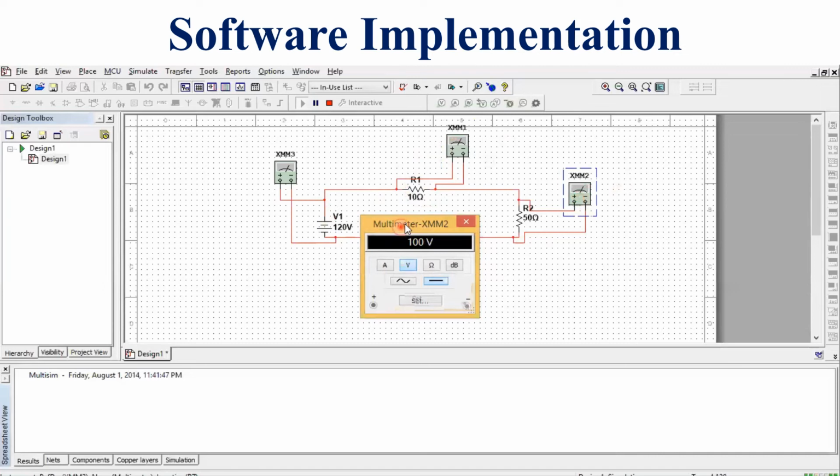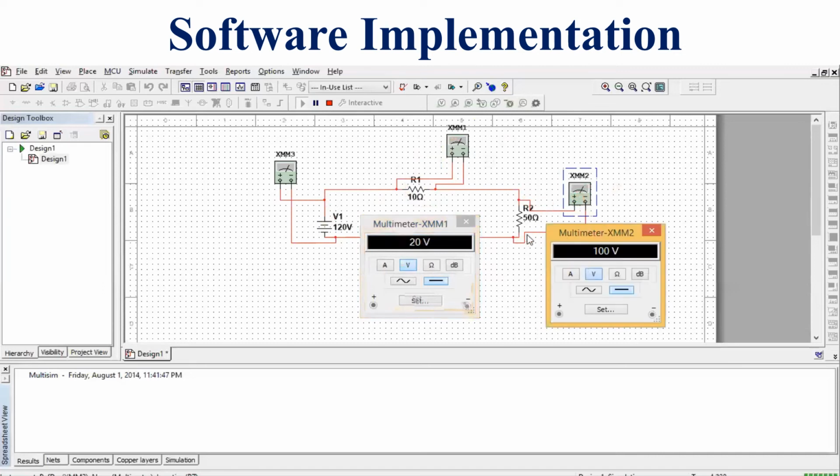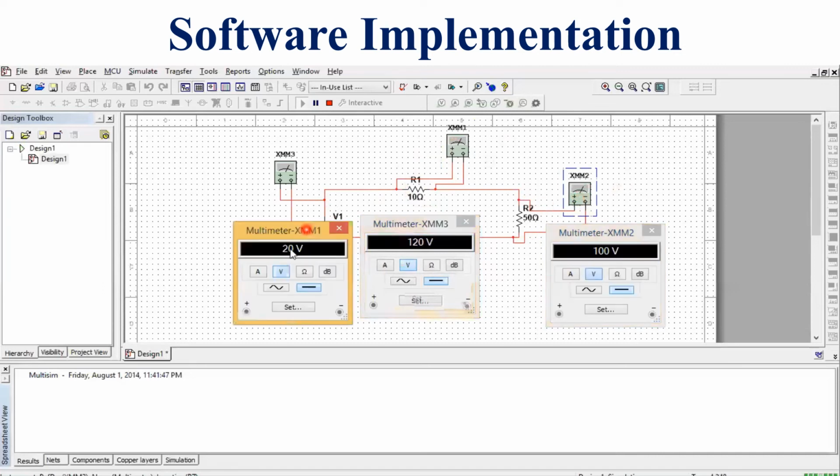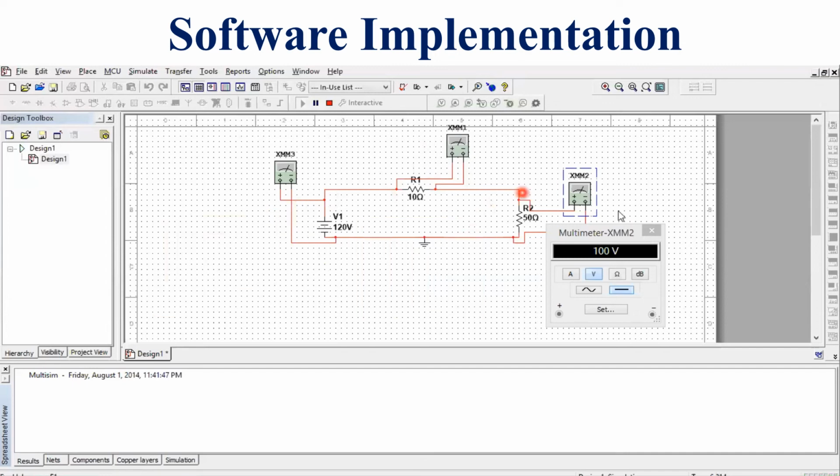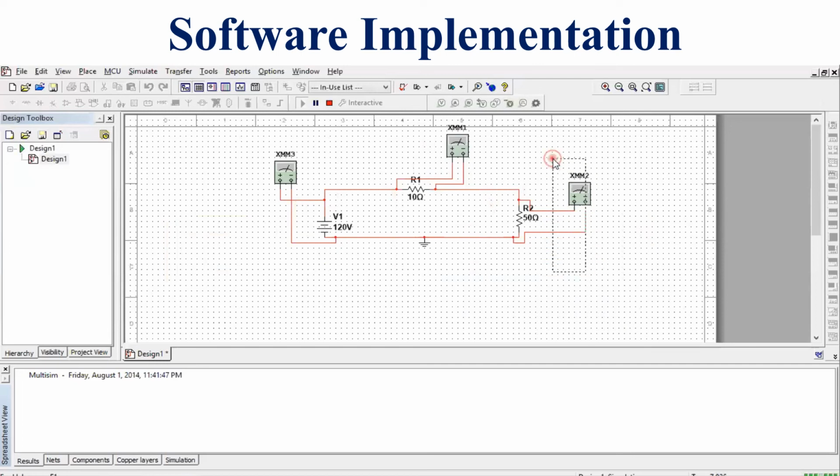So 100 plus 20 volt equals 120 volt, which is exactly the value of the battery we have connected in our circuit diagram. So now we can calculate the battery voltages and apply KVL across any circuit. KVL states that the entering voltage is exactly equal to the leaving voltage.